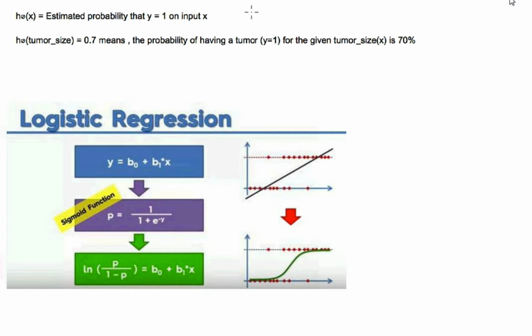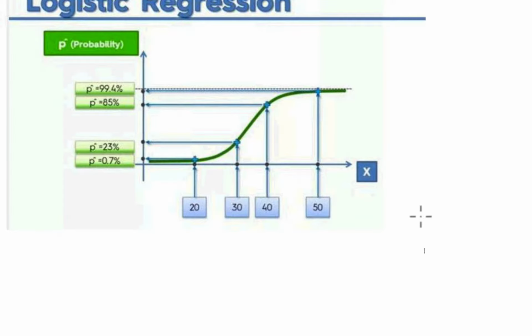Let's see one more example about it. We can see here that for different values of a feature, 20, 30, 40, 50, we have different probabilities, 0.7, 23, 85, 99, 4.